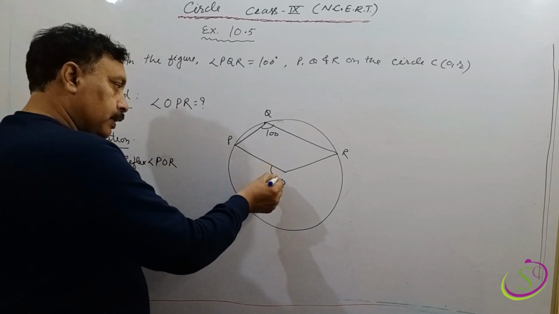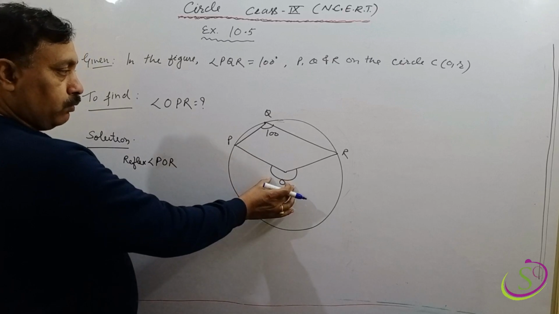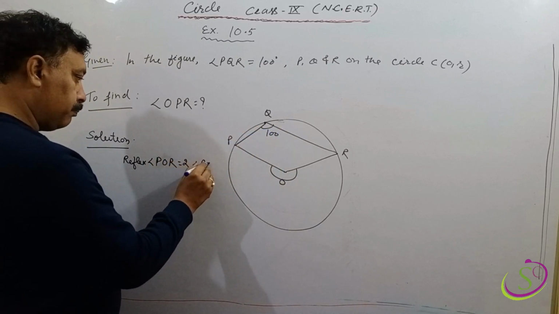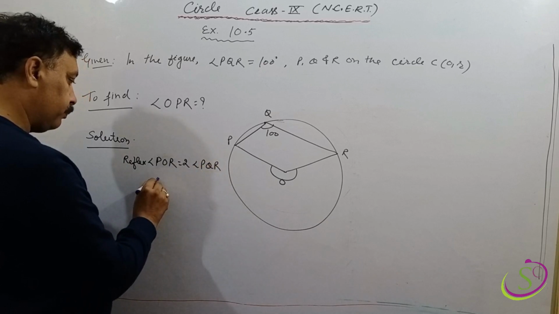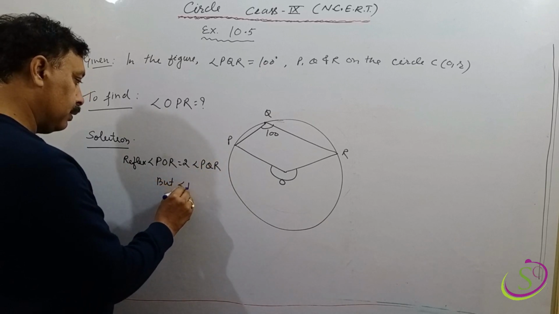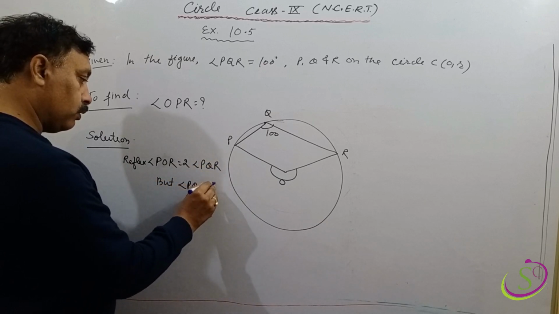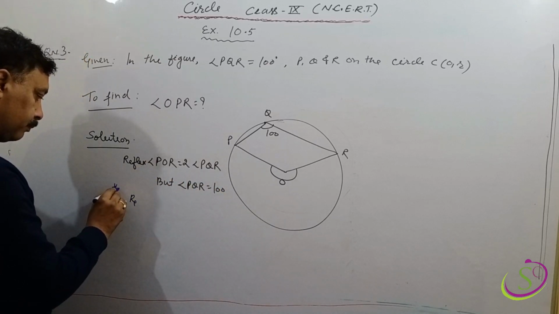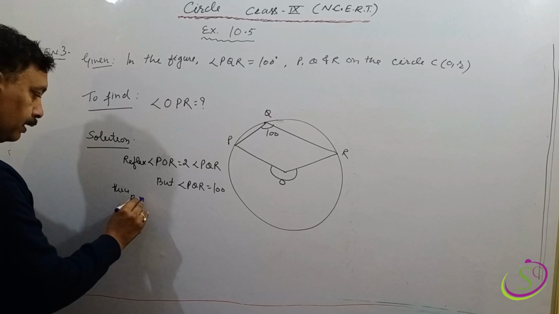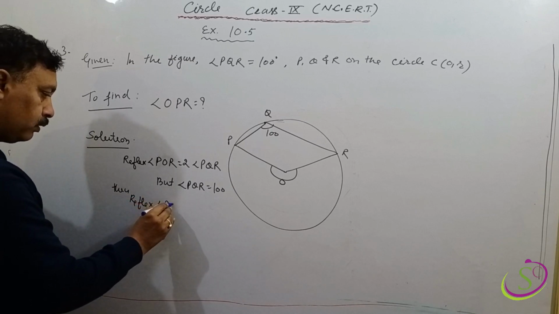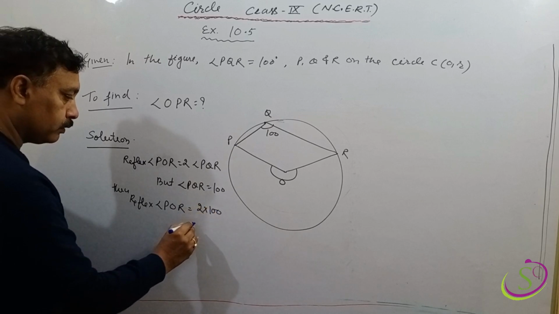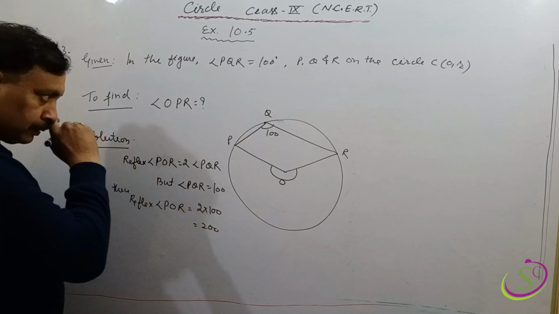Reflex of angle POR means this angle will be equal to double of this angle, equal to twice of angle PQR. But angle PQR is of 100 degree. So we can say that reflex of angle POR equal to 2 into 100, that is 200.